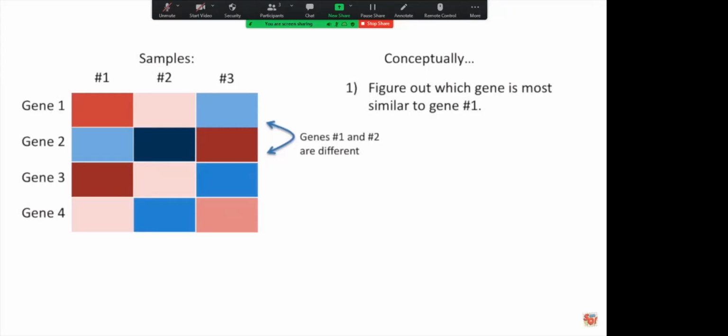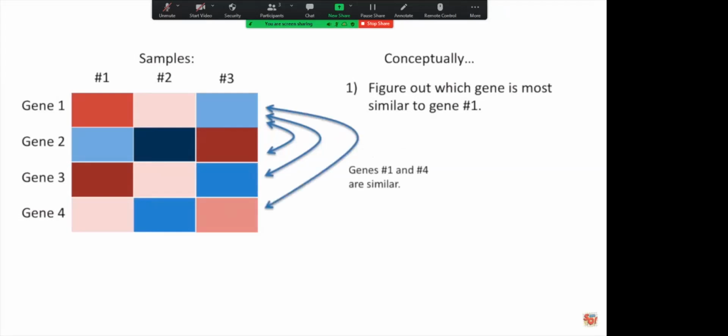In sample number 3, gene 1 is lowly expressed, so it's blue, and gene 2 is highly expressed, so it's red. Genes 1 and 3 are similar, so that means in sample 1, both gene 1 and 3 are red, they're highly expressed, and in sample 3, they're both blue, meaning they're lowly expressed. Genes 1 and 4 are also similar. However, gene number 1 is most similar to gene number 3.